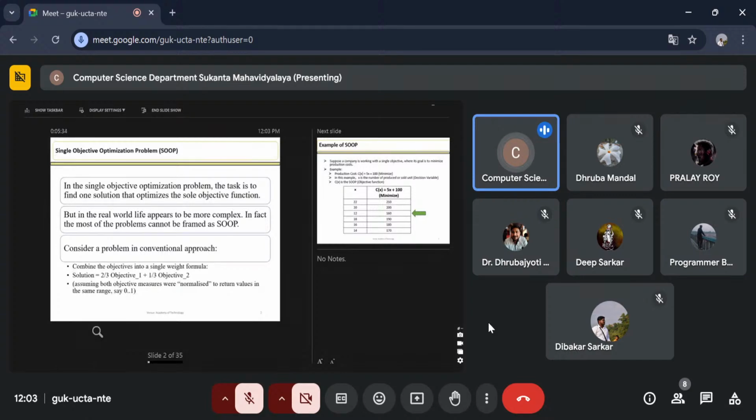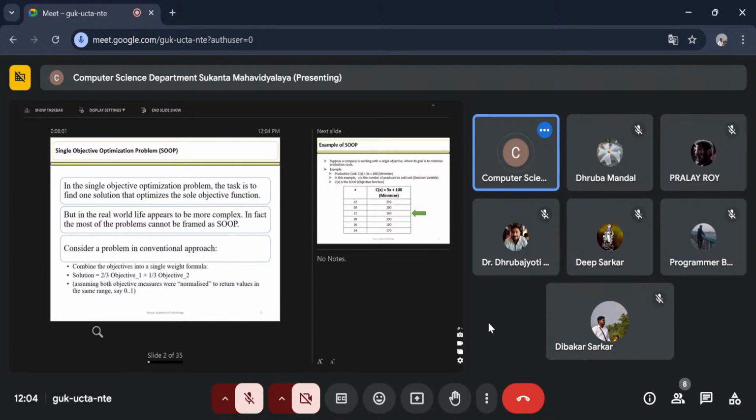The first source of debate is who is going to decide that this type of normalized weight distribution will be appropriate, 2/3 versus 1/3. Why not 1/3 versus 2/3? Why not half versus half? So as a matter of fact, if we think a sort of a convex normalized combination, there are uncountably many combinations.